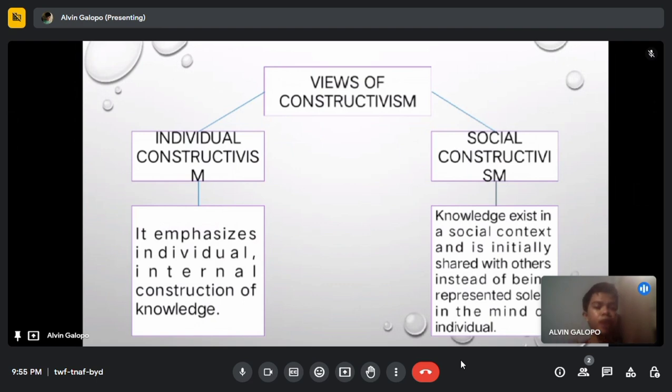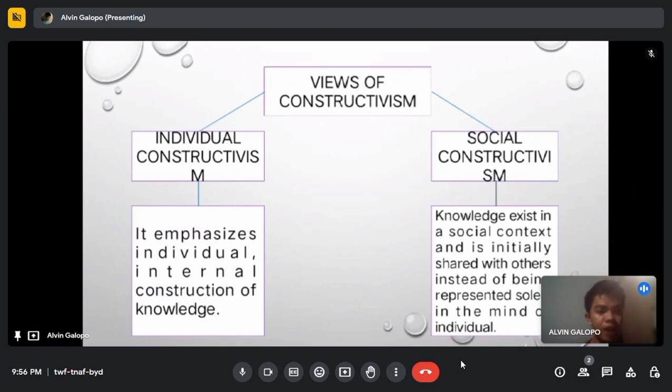It expands the idea by highlighting the importance of social interactions, that knowledge can only be constructed through collaborative activities, discussions, and engagements with others that provide opportunities to share their perspectives and co-construct knowledge.